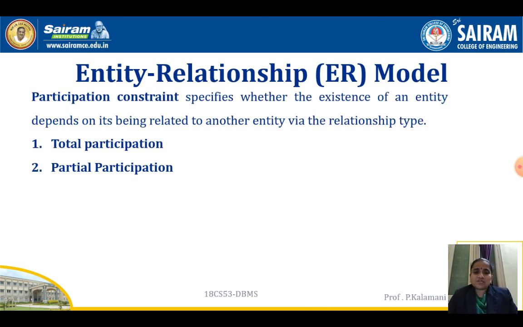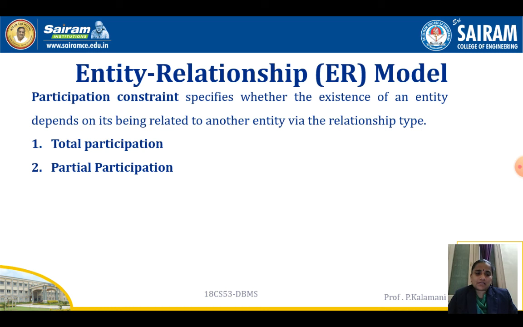Next is participation. The participation constraint specifies whether the existence of an entity depends on its being related to another entity via the relationship type. Suppose we take employee and department. Employee works for department. The complete employee community works for a department.